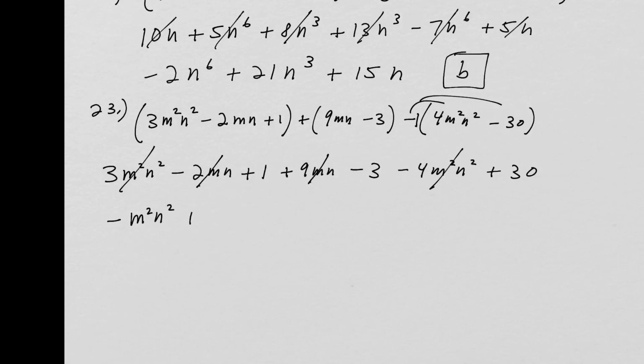So negative 2 plus 9 is 7, positive 7mn. And then finally for the constants, I have plus 1 minus 3, so that's going to be negative 2. And then negative 2 plus 30 is a positive 28. So that should be my answer when I add and subtract those polynomials together. So it looks like in this case, it's actually going to be A.